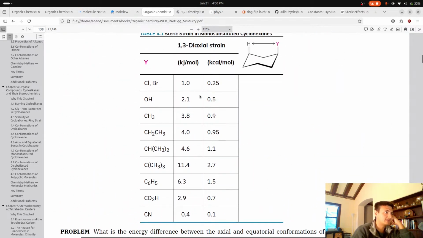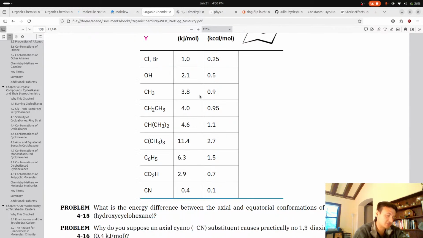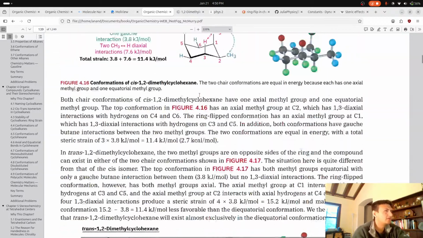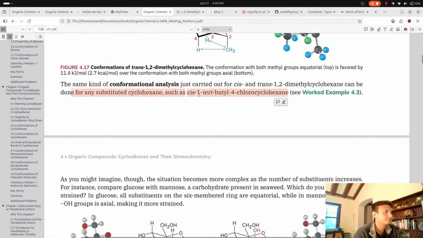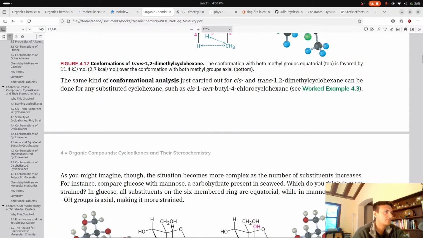We need to figure that out. The Cl-H diaxial is 1 kilojoule per mole. Then the methyl H is 3.8. So then where are we at here? We're going to have 2 times 1 plus 2 times 3.8.